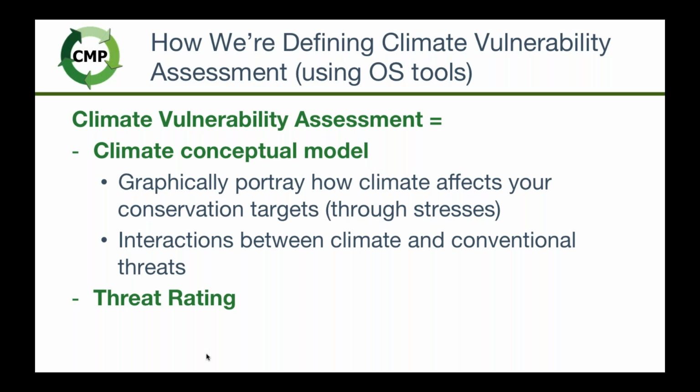Two tools to portray your climate vulnerability. So your climate conceptual model graphically portrays how you believe that climate may affect your conservation targets through a whole bunch of stresses, and it portrays interactions between the climate stresses and the conventional threats.